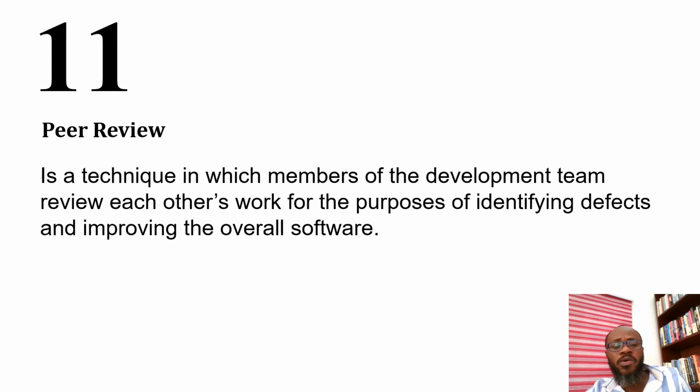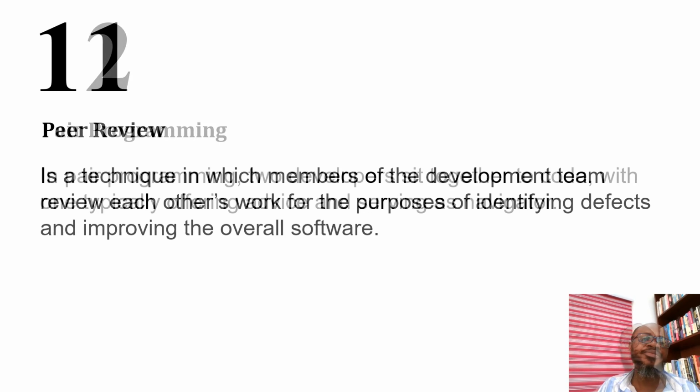Peer review is a technique in which members of the development team review each other's work for the purposes of identifying defects and improving the overall software. That is peer review. So usually this one would review this other person's work, and this individual will also review the other person's work, and that is peer review.